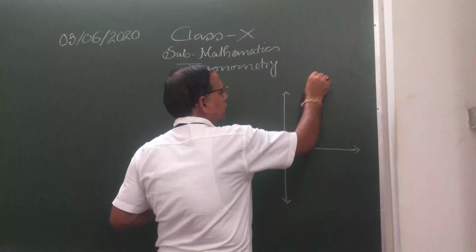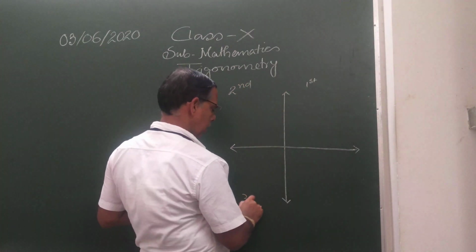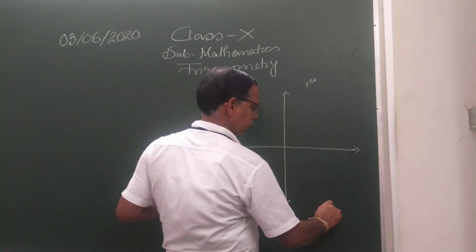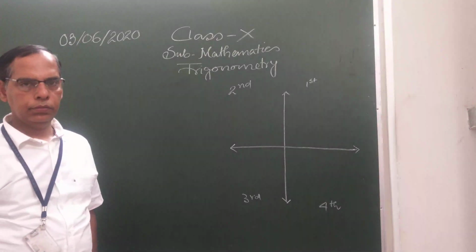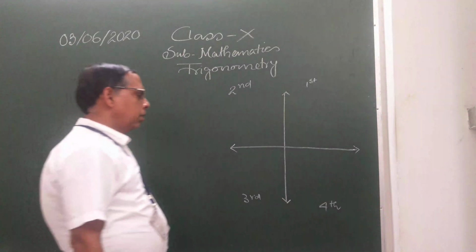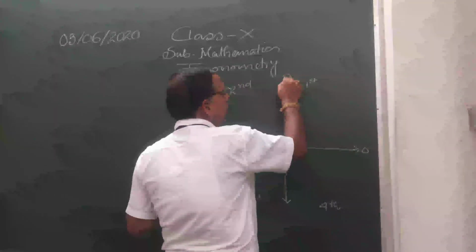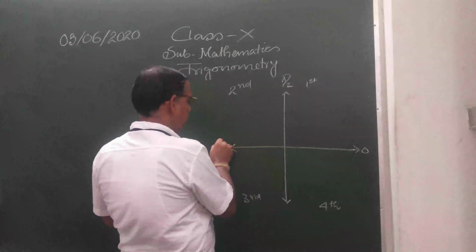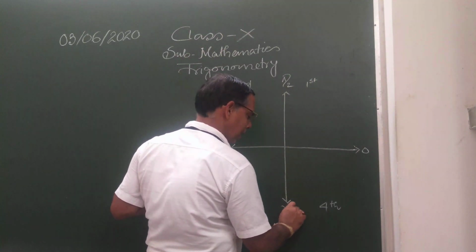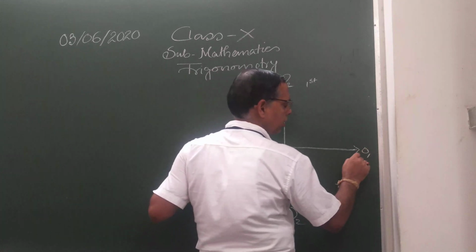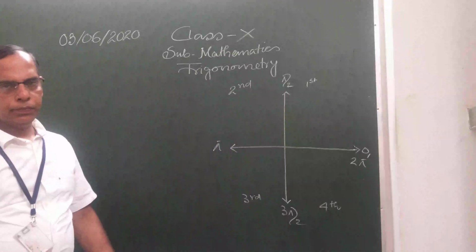First, second, third, fourth. Here it is 0, then pi by 2, then pi, then thrice pi by 2, and then twice pi. This is the quadrant.